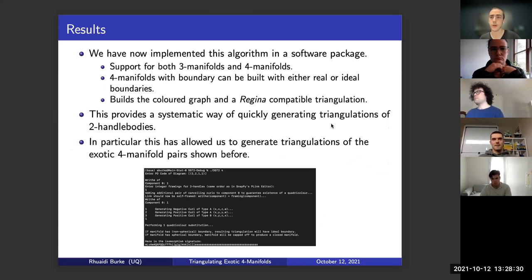It'll be part of the Regina software package, if you're familiar with Regina, in a future release, and also hopefully a standalone release soon-ish. We have support for both 3 manifolds and 4 manifolds. For 3 manifolds, you can also get 3 manifolds from framed links, and the result there is what you get from integer Dehn surgery on the link.